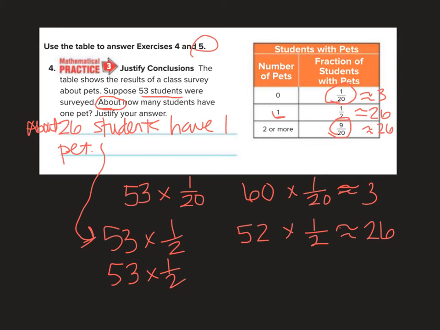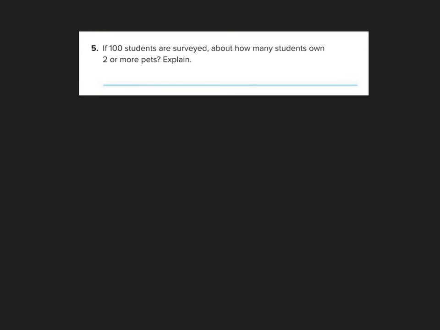All right, let's look at number 5. If 100 students are surveyed, about how many students have 2 or more pets? So for this one, it said 9/20 have 2 or more pets. So we would need to take 100 times 9/20, which we already talked about, that's about 1/2, right?